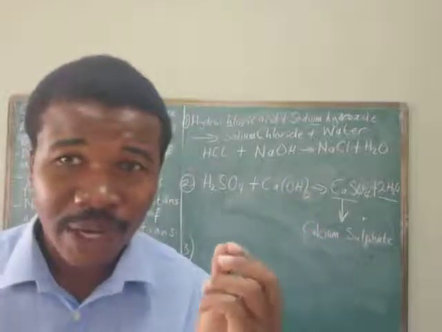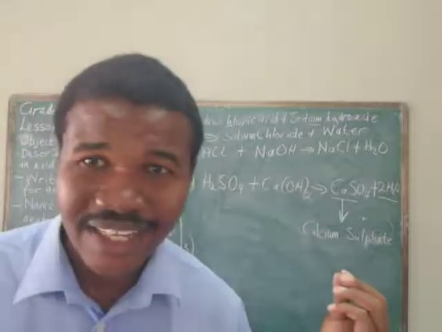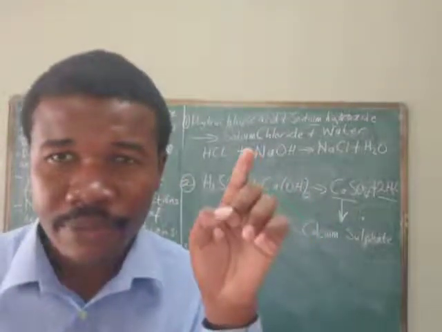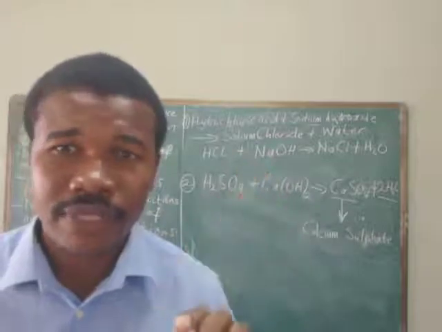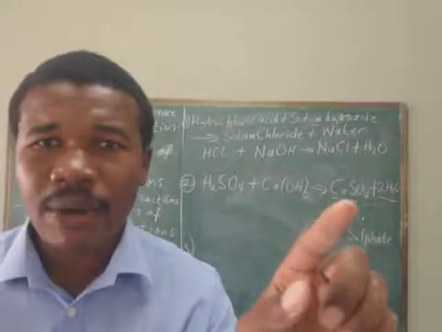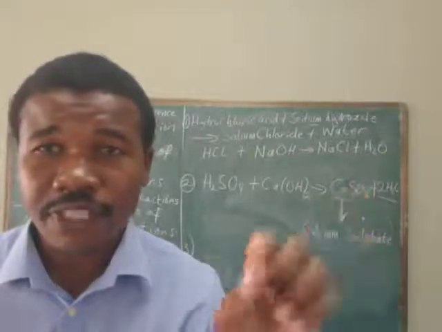I hope you know how I got to that calcium hydroxide, but that was a different lesson altogether, where we balance and write the symbol for calcium hydroxide. So that is calcium hydroxide plus sulfuric acid, and our product is calcium sulfate plus water.